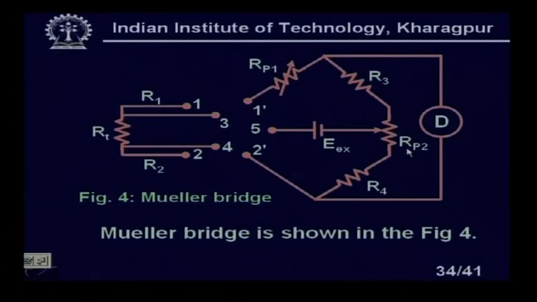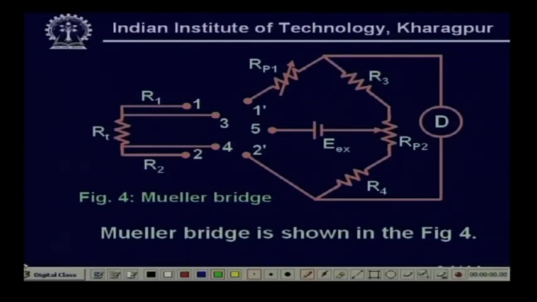It is used to make the resistance of the right hand side of the bridge, that means total R3, equal to R4.